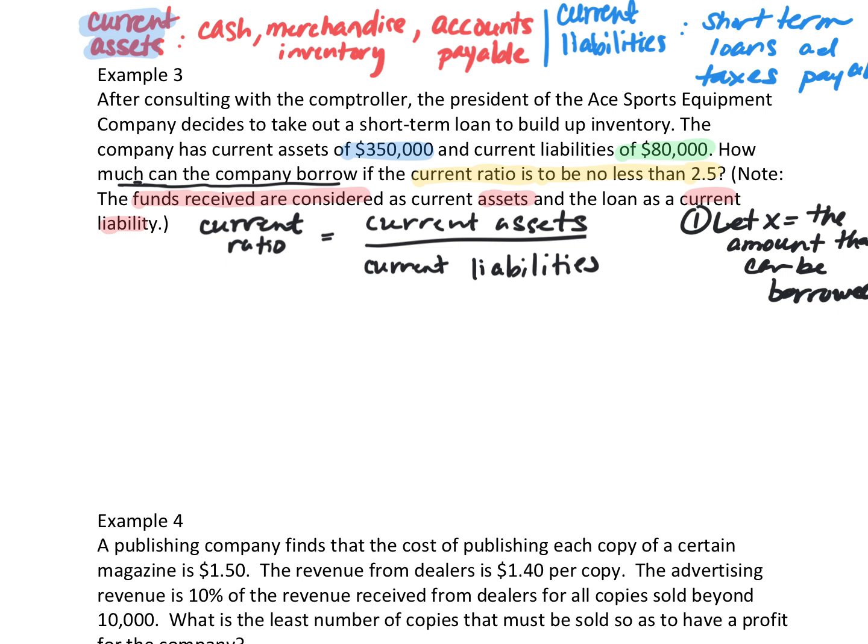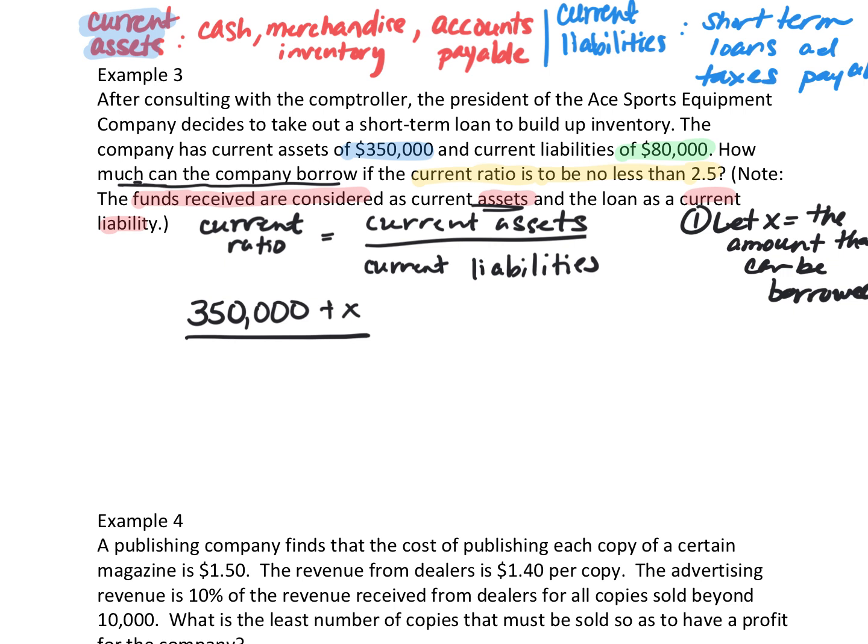So now the current assets: it's going to be $350,000, plus the amount we can borrow, because of this part right here. Divided by the liabilities.